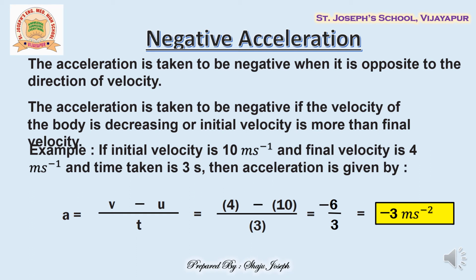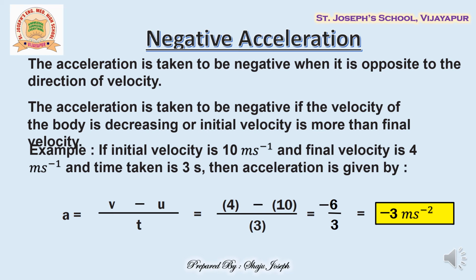So I hope you understood. Whenever the initial velocity is greater and final velocity is lesser, means the body is slowing down, means the acceleration is negative. This is also called retardation or deceleration. But there is an argument about this, that many people consider negative acceleration and retardation as two different topics.